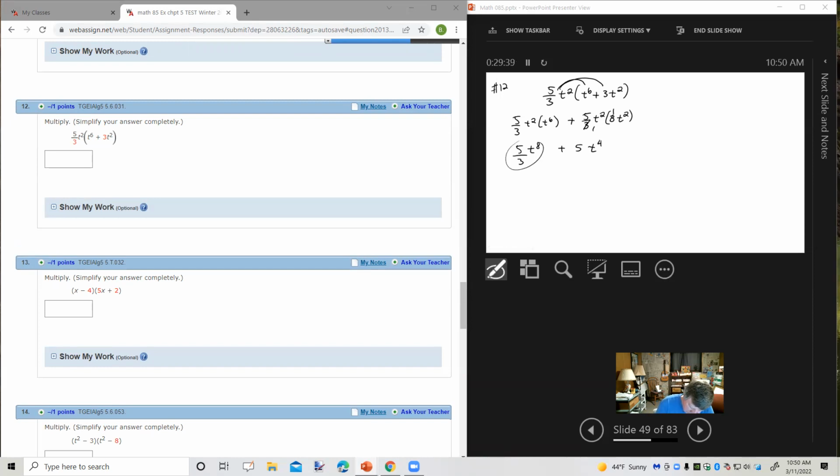Now, this term, I could write it 5/3 t to the 8th, or I could write it 5t to the 8th over 3. Either way, okay. I think I'll go with that first one.